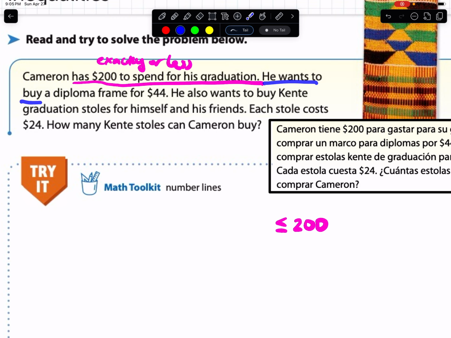He wants to buy a diploma frame for $44. He also wants to buy Kente graduation stoles for himself and his friends.